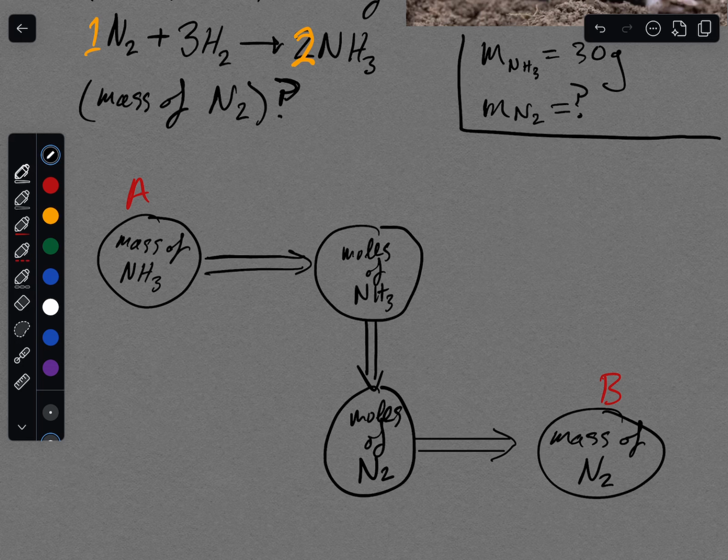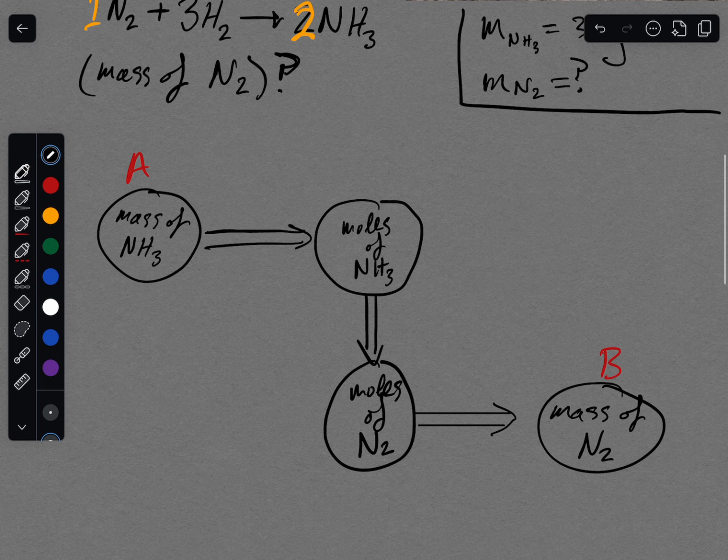And so if I wanted to do this all at once, I need 3 pieces of information. I first need the molar mass of the ammonia. Okay, because that is what allows me to convert directly between the mass of the ammonia and the moles of the ammonia.